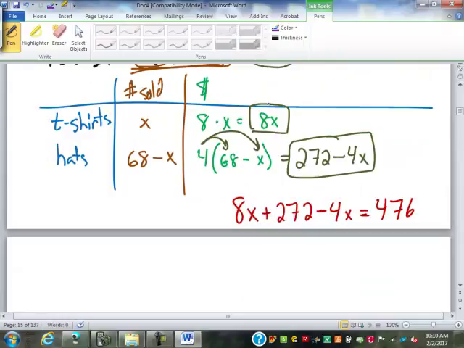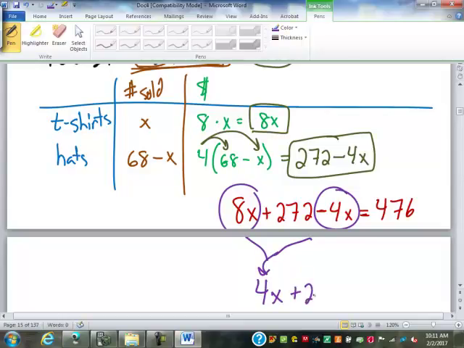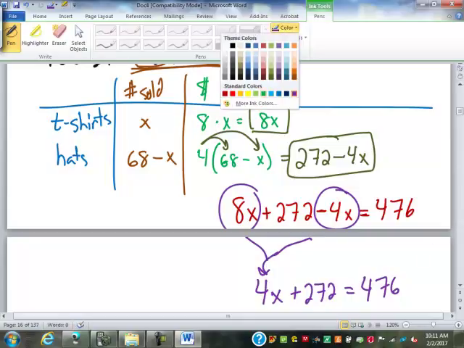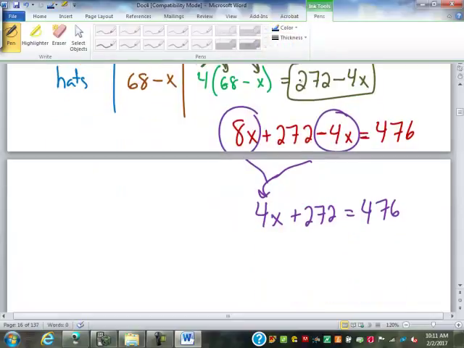What's the first thing we have to do here now? Combine the 8x and negative 4x, which is 4x. We still have the positive 272 equals 476. And then, yeah, subtract the 272.